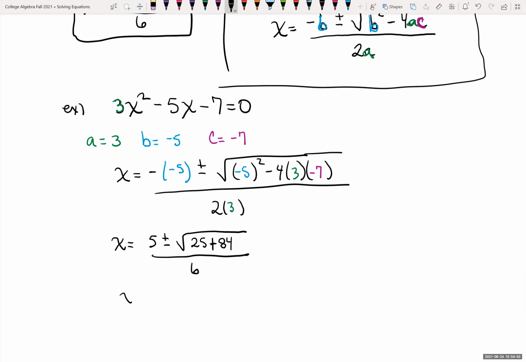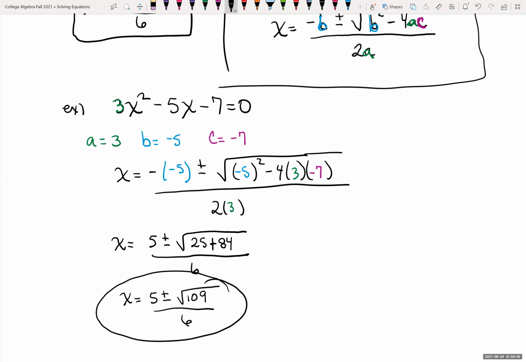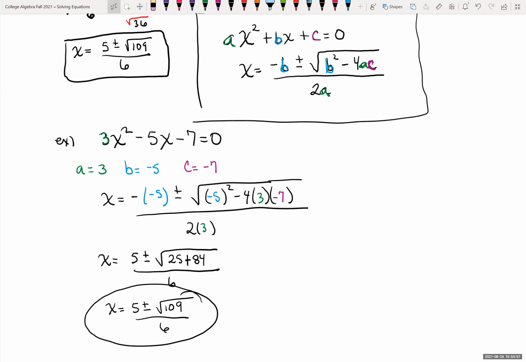And so just simplify underneath the radical. We get x equals 5 plus or minus the square root of 109 all over 6, which is the exact same thing that we got up here. So I think the quadratic formula is easier, personally, if you have your formula down.